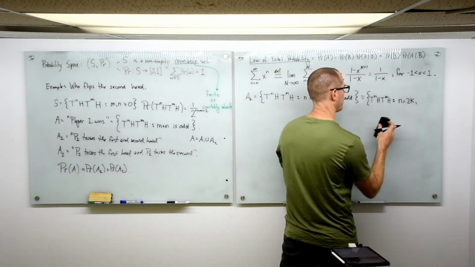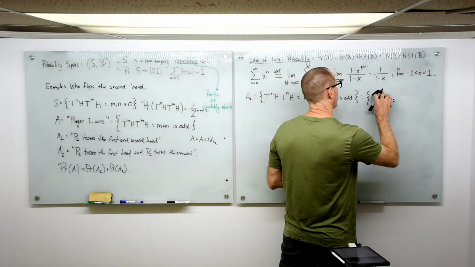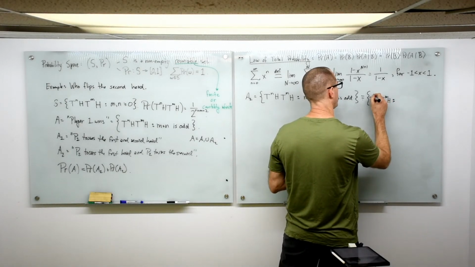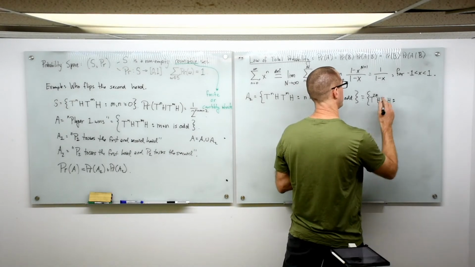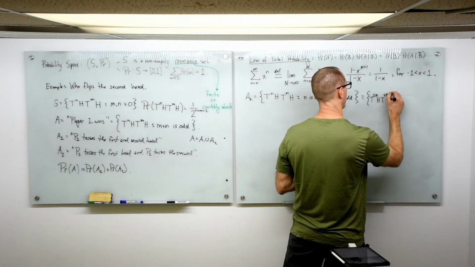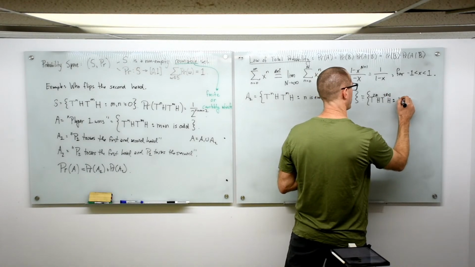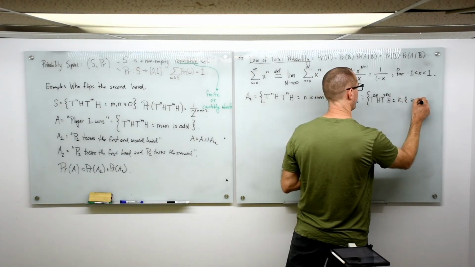Let's write this another way: t to the 2k h, t to the 2l plus 1 h, such that k and l are bigger than or equal to 0.